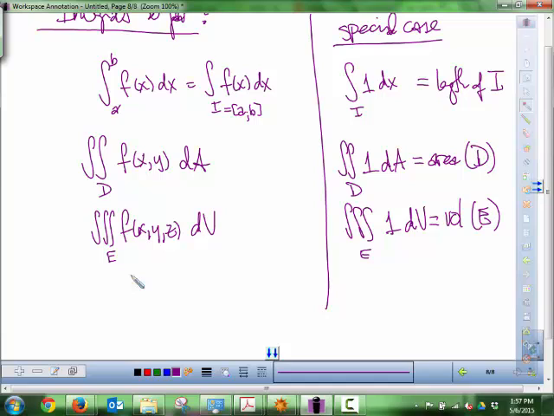What else did we do? Line integral. Well, R or S?